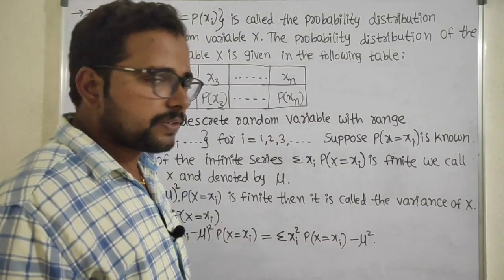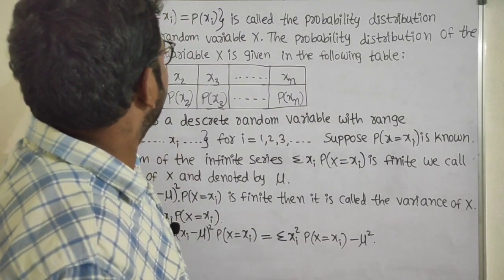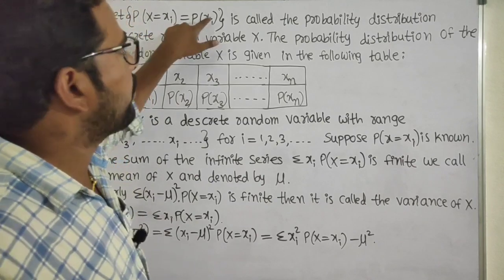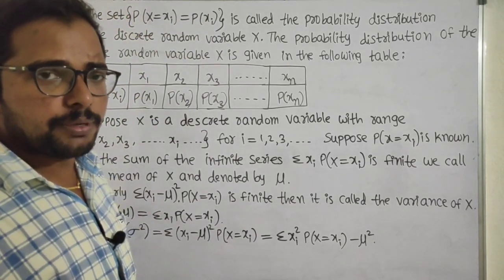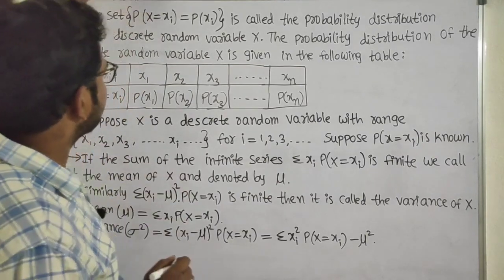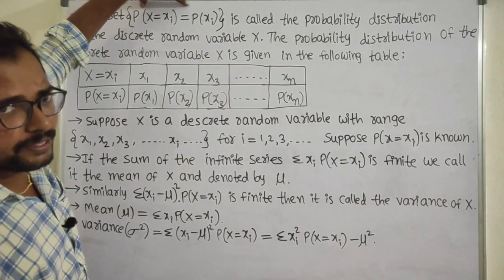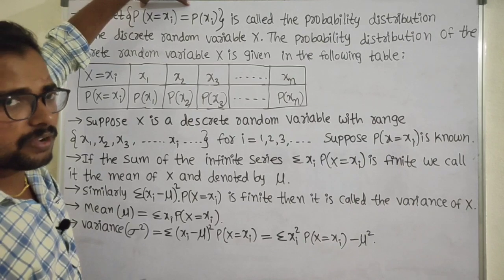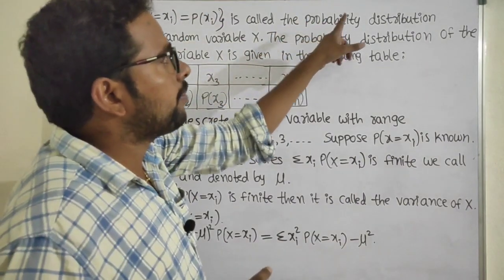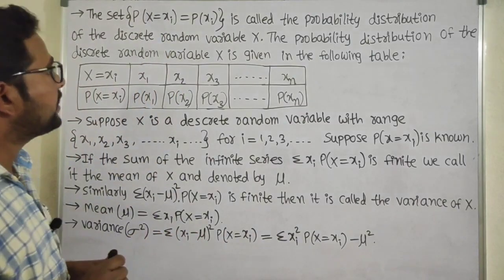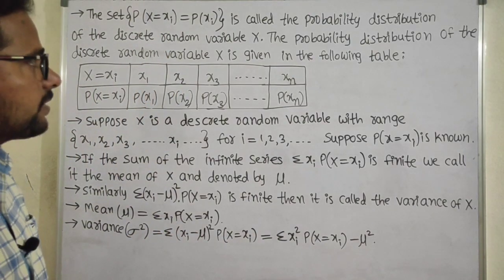Now the last definition: the set p of x equals xi is equal to p of xi. p of xi means the probability of xi. So this is a set of all probabilities of all outcomes. The set of all probabilities of all outcomes is called the probability distribution of the discrete random variable x.